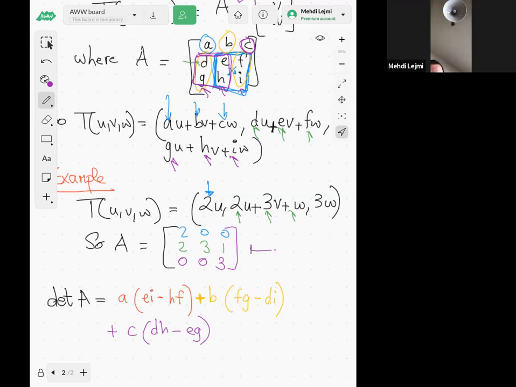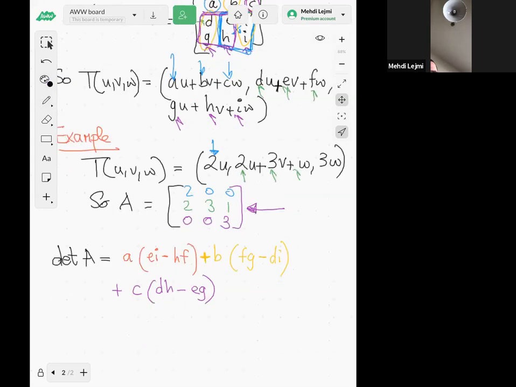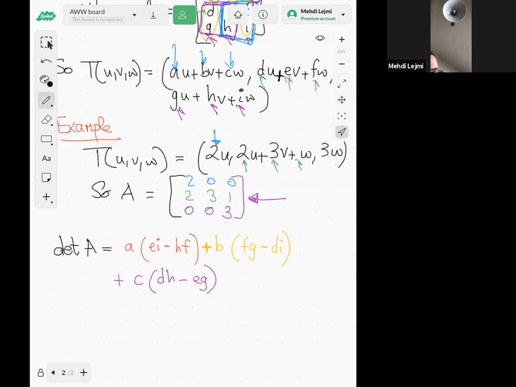You can try to apply this formula to this matrix A. In this case, the determinant of capital A: lowercase a is 2, so it's 2 times (E and I).